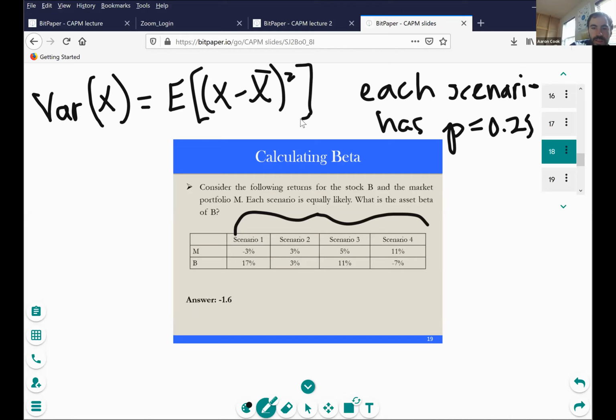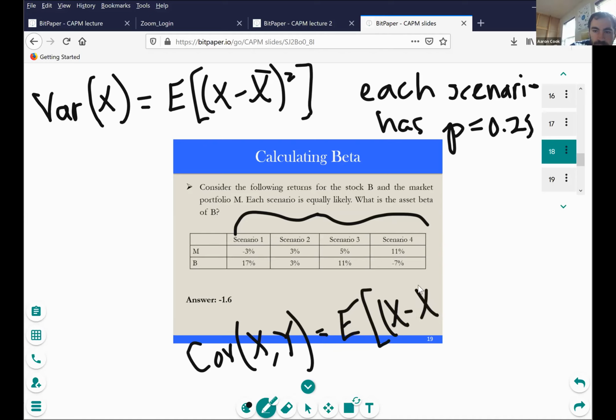The covariance between x and y is equal to the expected value of x minus its mean, times the other asset y minus its mean.